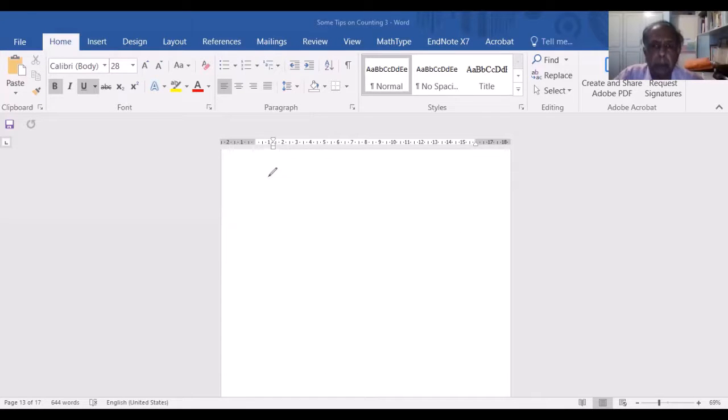Okay, so these were the first few things that we did, and then thereafter we looked at the number of r-element subsets. If you have a set having n elements, that is n factorial over n minus r factorial times r factorial, and that is another way of writing this thing.